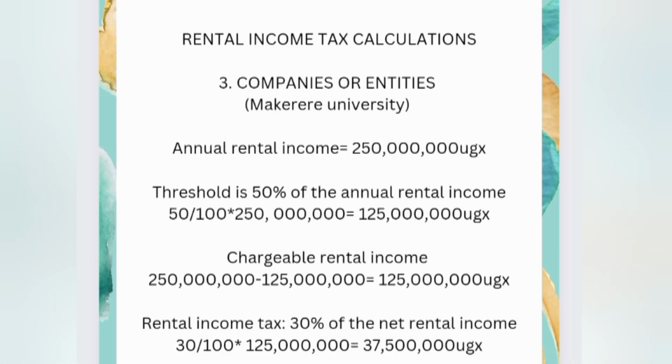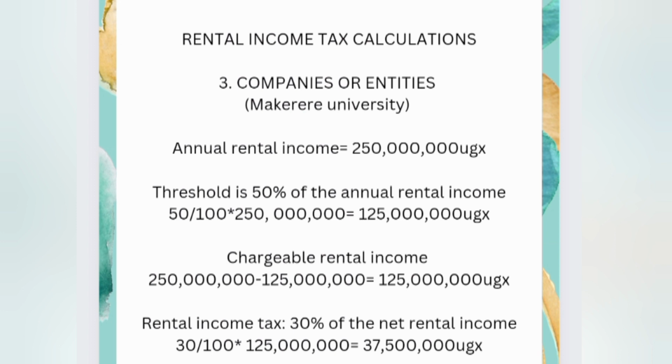So lastly, let's look at the rental income tax calculation for the registered entities, which entails companies, institutions, basically registered bodies. So let's look at that calculation. Let's take the example of Makerere University. These figures are not the real ones, they are just estimated ones.